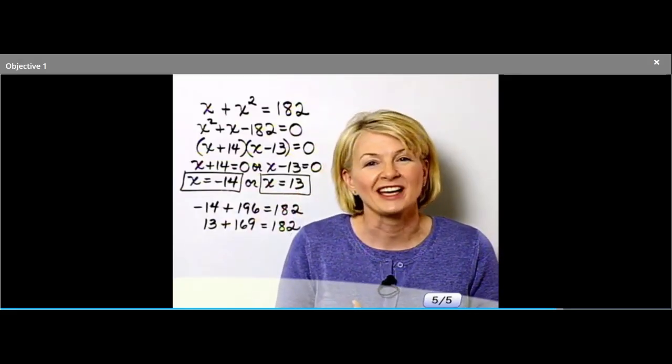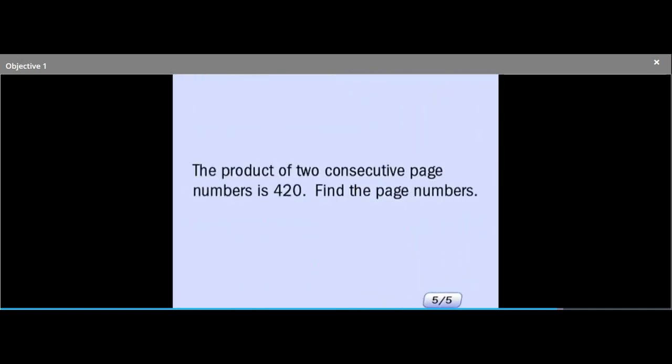Let's look at another application. This application has to do with consecutive numbers. The product of two consecutive page numbers is 420. Find the page numbers. So once again, notice it's a product of two consecutive page numbers is 420. We want to find the page numbers.